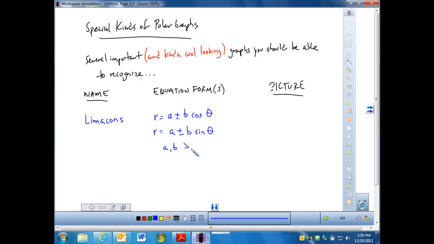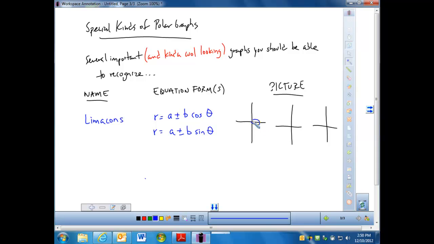Don't really worry about the a and the b greater than 0. It's not super important. Just remember it's of this form. Okay, and the a could be 0, or b could be 1, something like that.